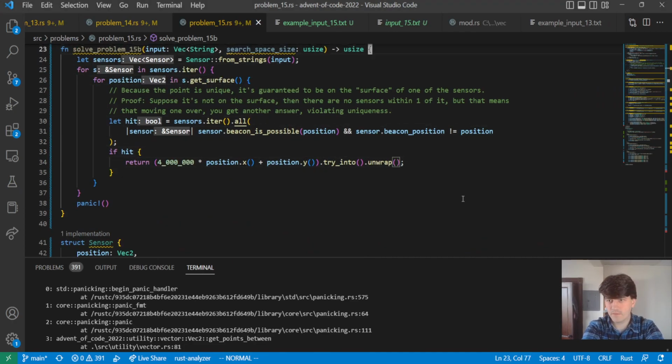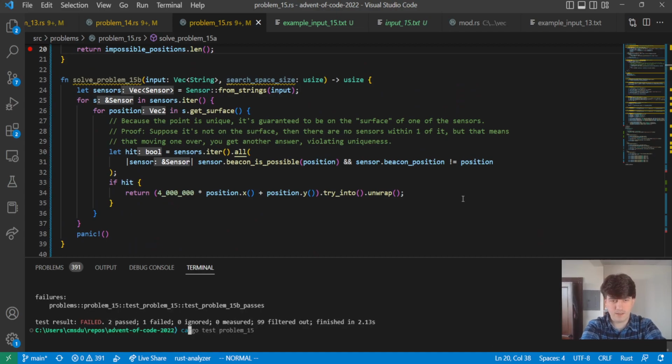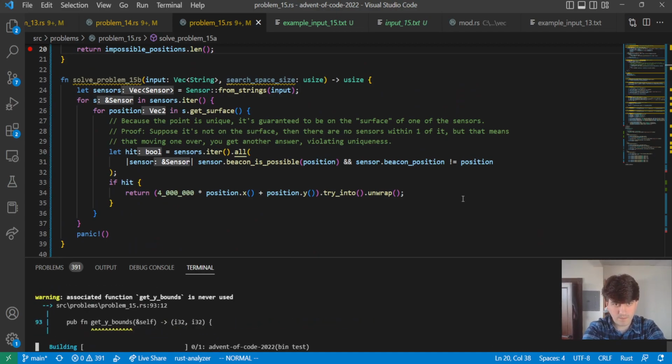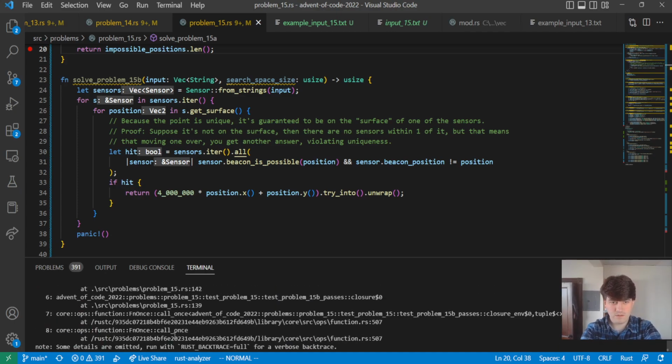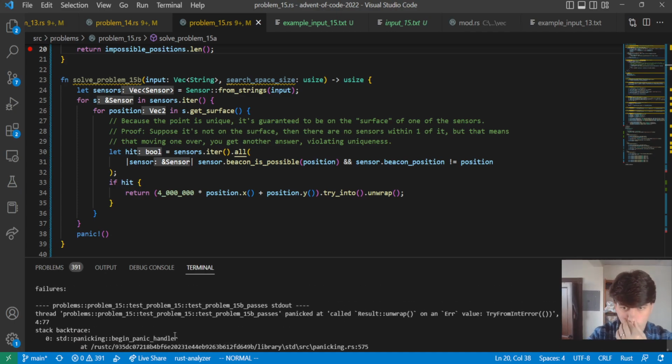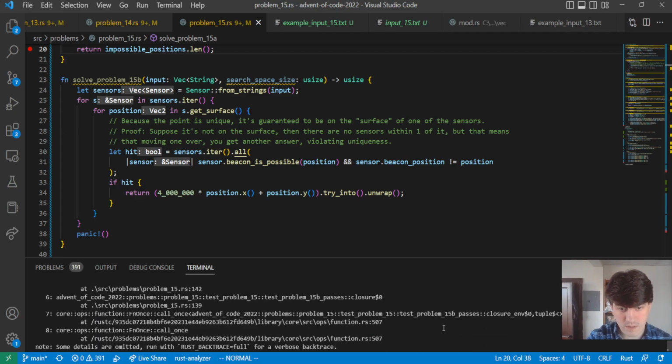So we are compiling. Might have done this right. Problem 15 fails. Why did it fail? Tried to unwrap something that wasn't an int.